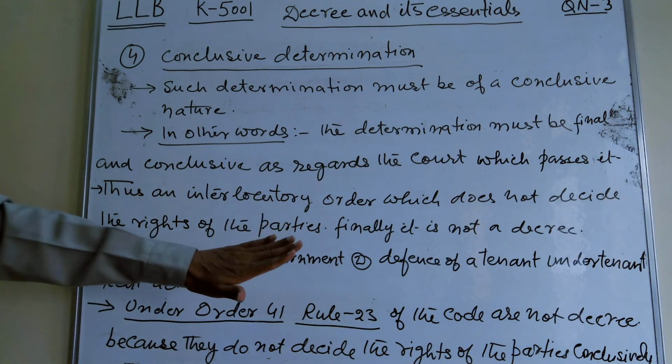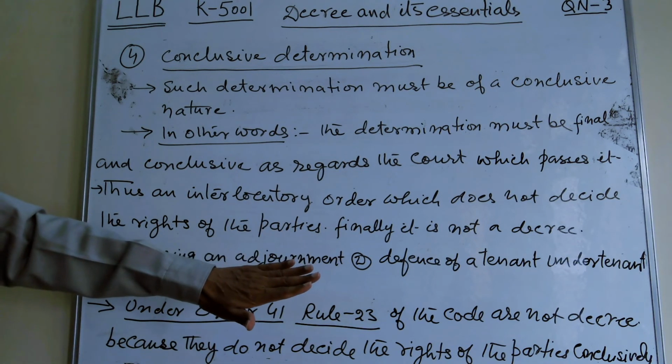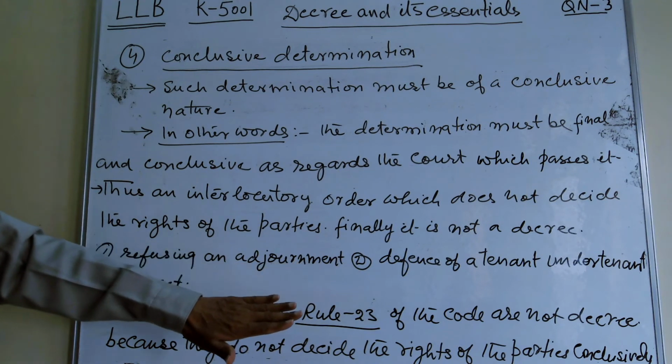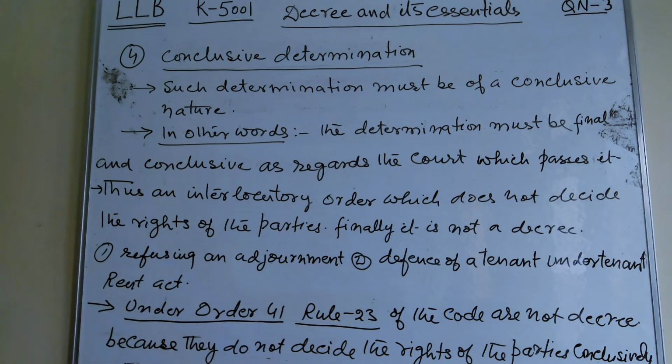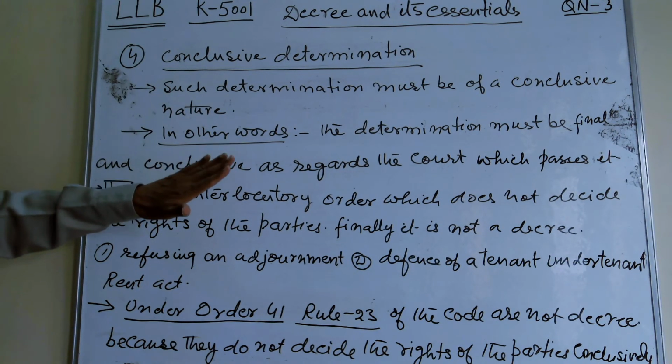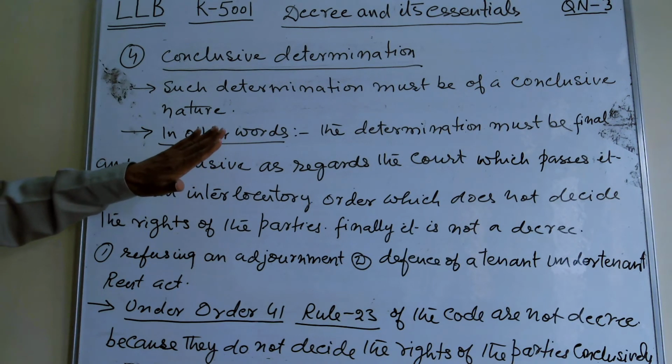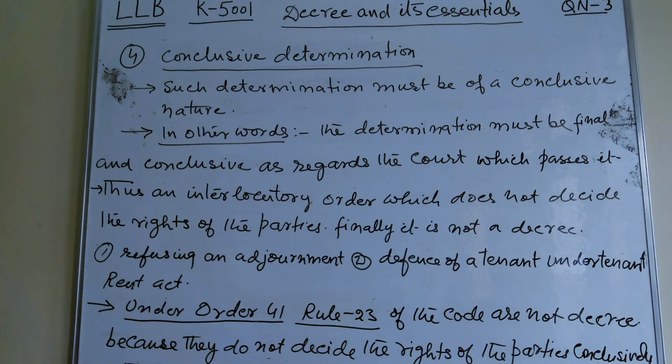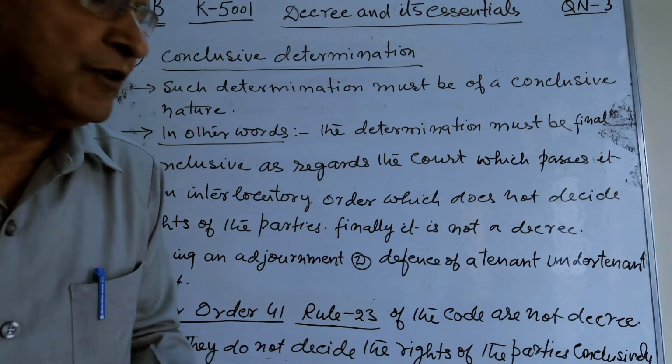But these orders are only for doing some work but are not decrees, because these orders do not decide the rights of the party. So this is the condition. Determination must be conclusive, but determination must decide the rights of the parties. This is the fourth condition. Now I am taking the fifth condition.